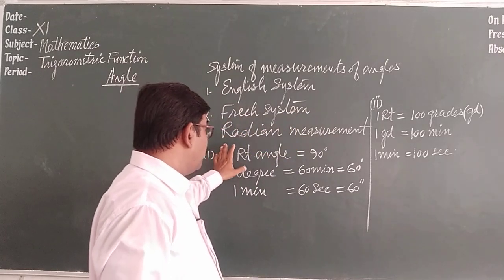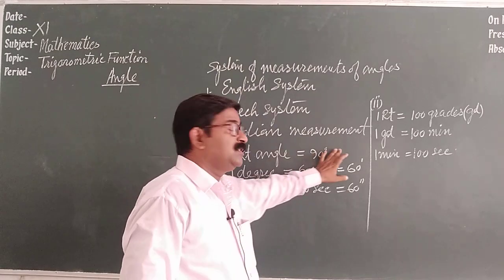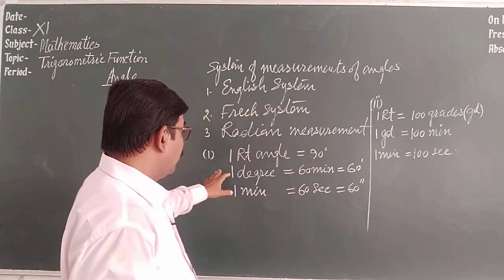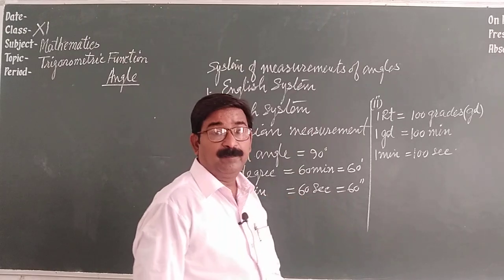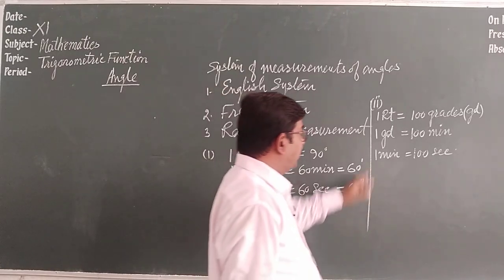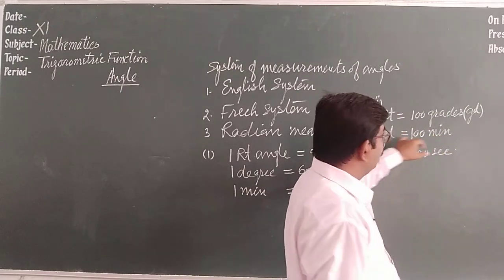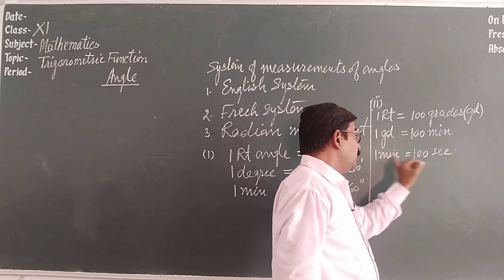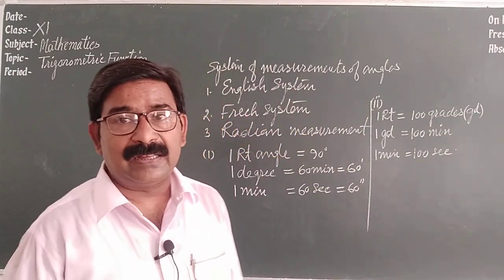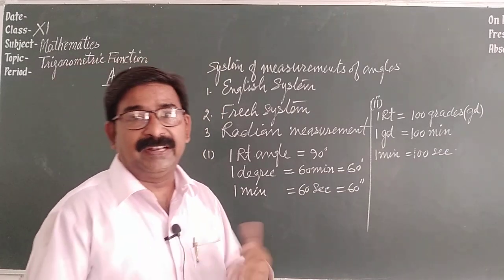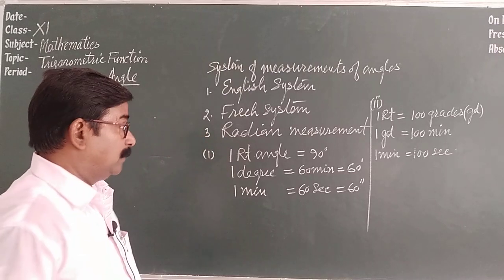In English system of measurement, one right angle is equal to 90 degree, 1 degree is equal to 60 minutes, 1 minute is equal to 60 seconds. In French system of measurement, one right angle is equal to 100 grades, 1 grade is equal to 100 minutes, and 1 minute is equal to 100 seconds. Sometimes you are asked to convert degree into grade or grade into degree. It will be discussed later.